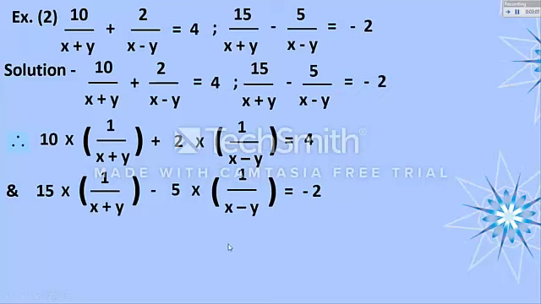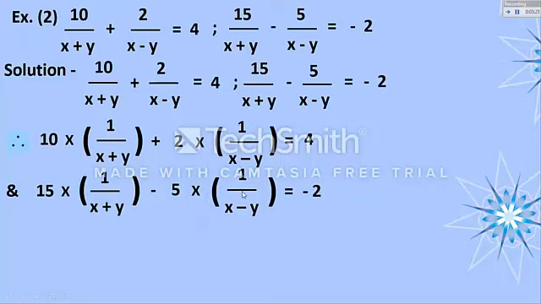Now, which are the common parts in both equations? That is 1 upon x plus y, 1 upon x plus y, this is the first common term, and 1 upon x minus y, 1 upon x minus y, this is the second common term.